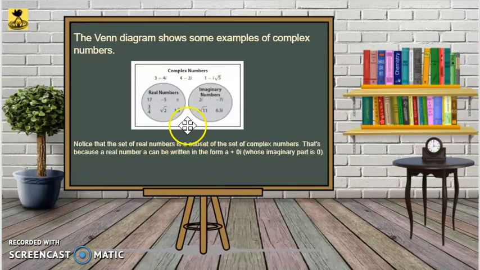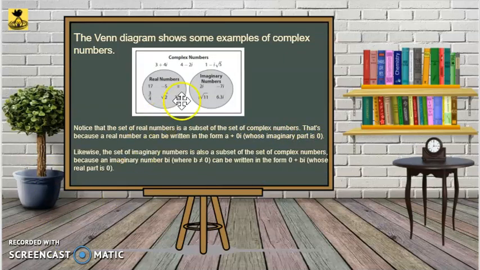Notice that the set of real numbers is a subset of the set of complex numbers. That's because a real number can be written in the form a plus 0i, whose imaginary part is 0.